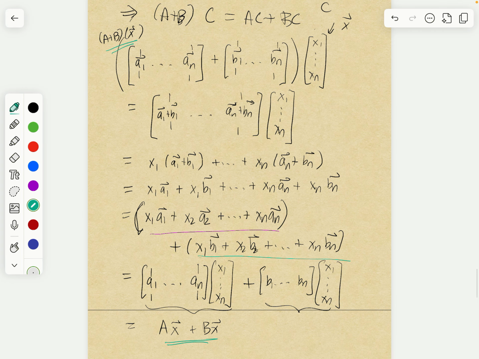So that's very typical of a proof-based class. We won't be doing much of this, but I just wanted to show that it really is just multiplying the things out and checking that you get the same thing.